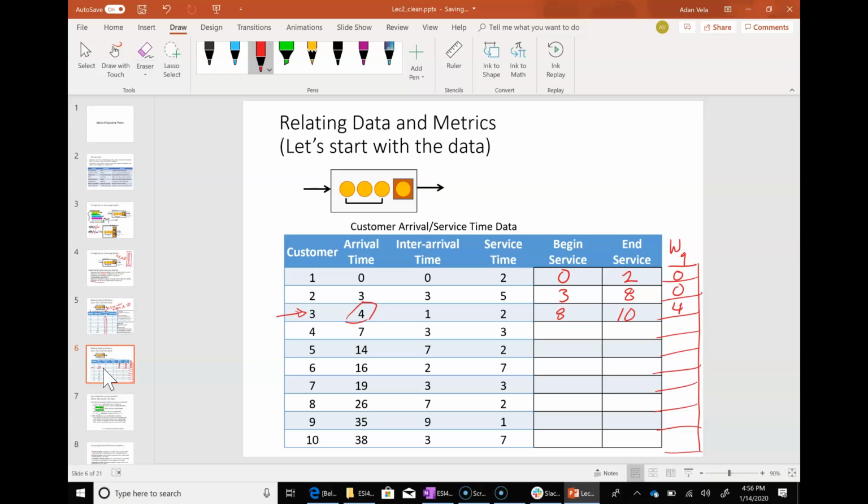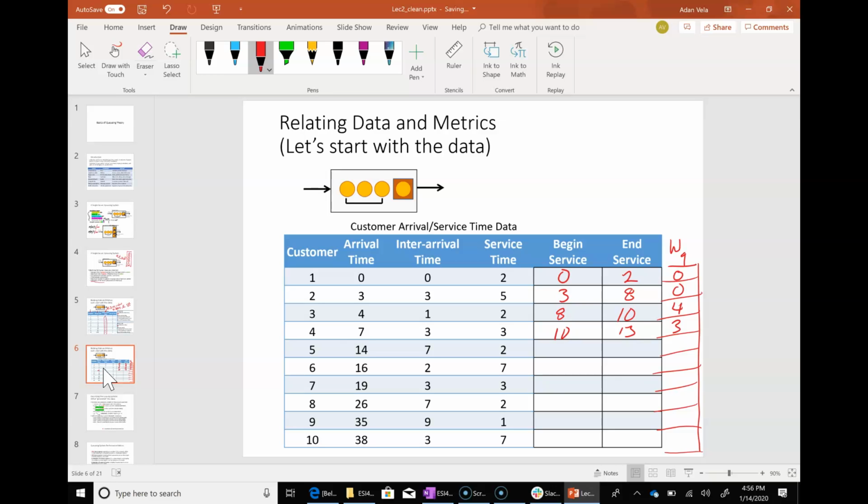So customer 4, we can fill this out pretty quickly. Customer 4 arrives at time 7. Is the server busy? Yep. So what time do they actually get serviced? At time 10. They end 3 minutes later at 13. That means they waited 3 minutes in line.